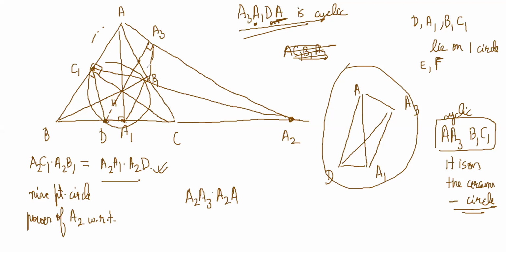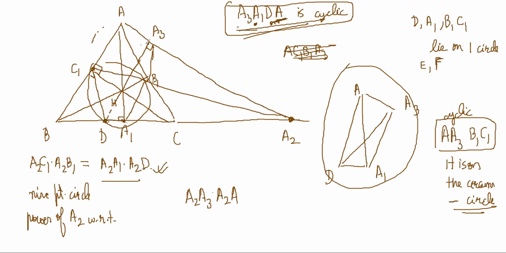Isn't that the same thing? Oh wait, we have done it, no? See, this is cyclic, right? A3, A1, D, A is cyclic, right? This we proved earlier by that 90-degree thing.